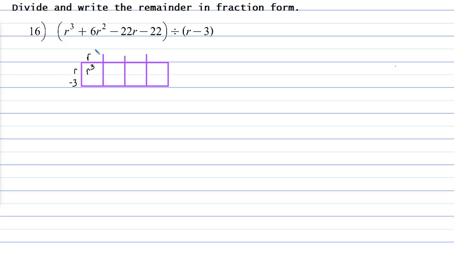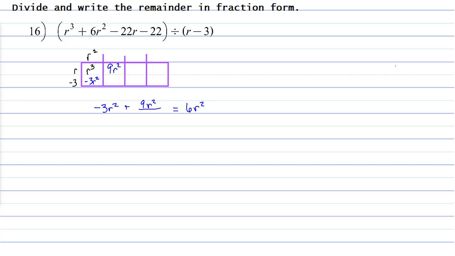And so r cubed divided by r gives me r squared. Multiply to come down. That gives me negative 3r squared. Negative 3r squared plus something equals 6r squared. And so to get there, I need to add 9r squared.